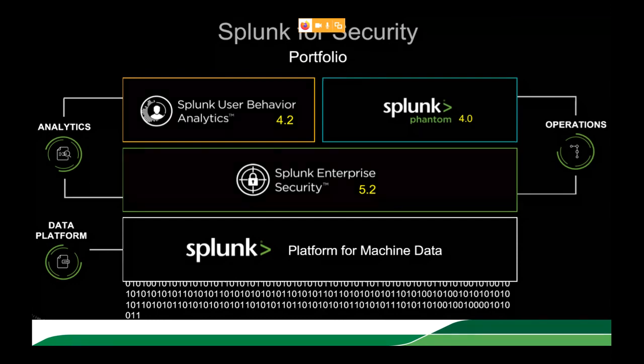Phantom is a SOAR platform, where SOAR is security orchestration, automation, and response, where you can run playbooks and design your workflow of incident handling and mitigation. You can do it all via a single platform. So that's where we are moving now.